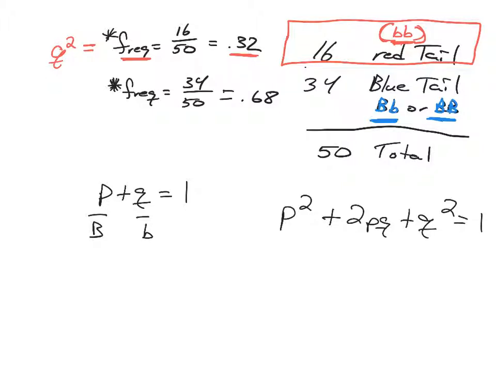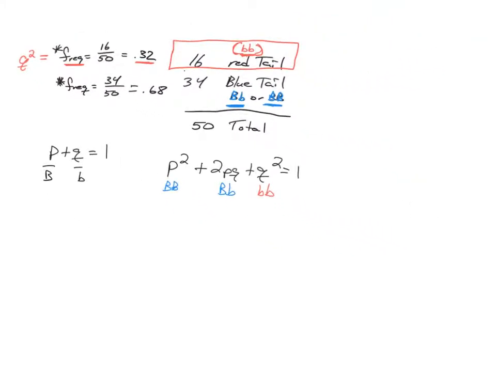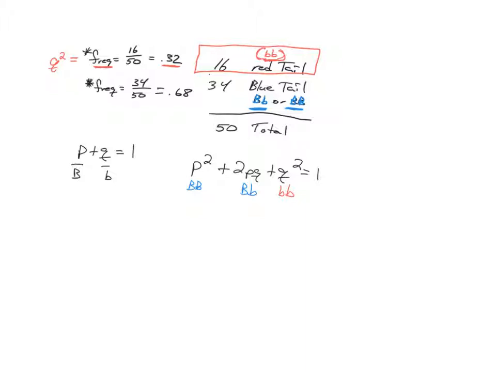The blue-tailed homozygous are big B, big B, which is P squared. The 2PQ are the big B, little b. And the red-tailed are little b, little b, which is Q squared. You've got to remember that, or otherwise you'll be confused. All right?